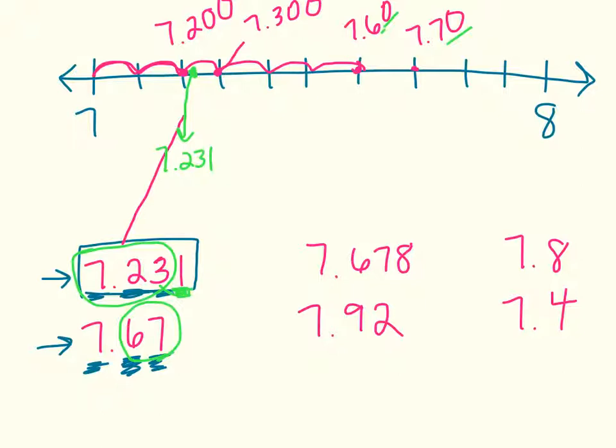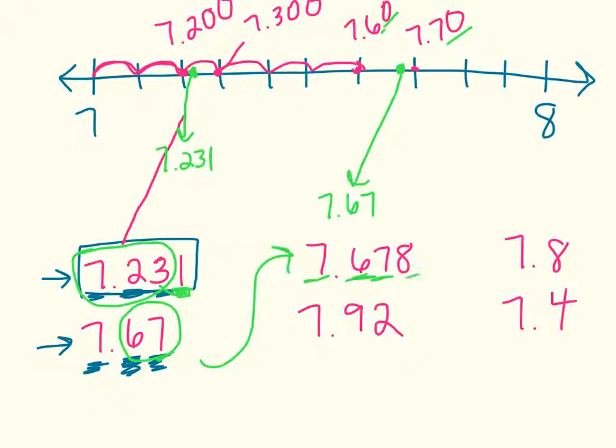So I'm going to just kind of estimate and put my dot close to 70, not exactly halfway, a little bit more than halfway. And once again, I'm going to draw a line and label that this is 7 and 67 hundredths.